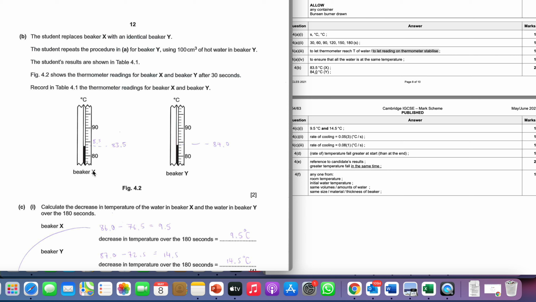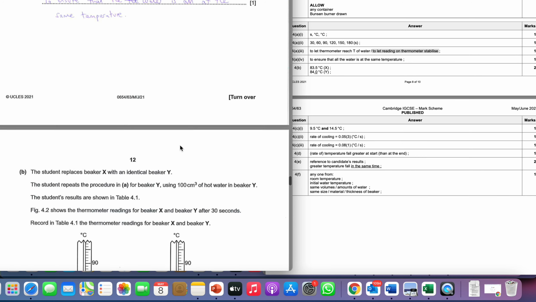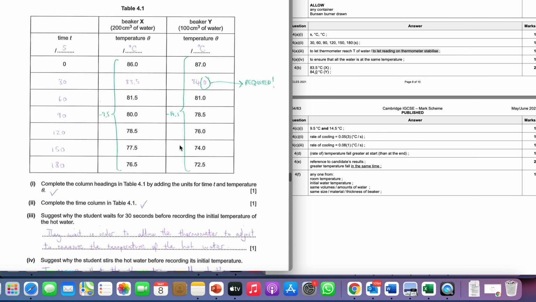You'll notice on beaker X that the value is somewhere between 81, 2, 3 and 4. So we're going to call that 83.5. I've said before, in my day you probably wouldn't get away with that, but you are allowed to do that now. 83.5 is completely acceptable. And for beaker Y, we've got 81, 2, 3, 4 there. So we're going to put those values back into our table.